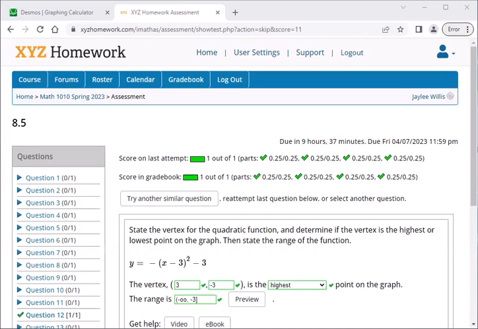So the fact that it's negative means it will be flipped upside down. And the fact that it's 1/3 means that it will be fatter than if it was just like a regular x squared. And the way that you figure out exactly how much fatter it is, you just choose some number to plug in for x that is not the vertex. So any number except for -2 will work. Because if you plug in -2, you're just going to get that point again, which isn't helpful.